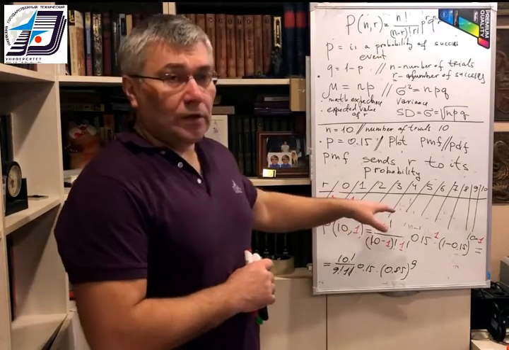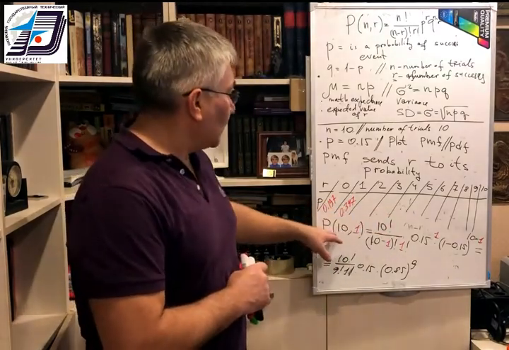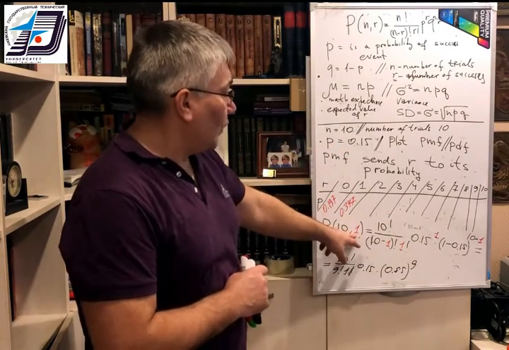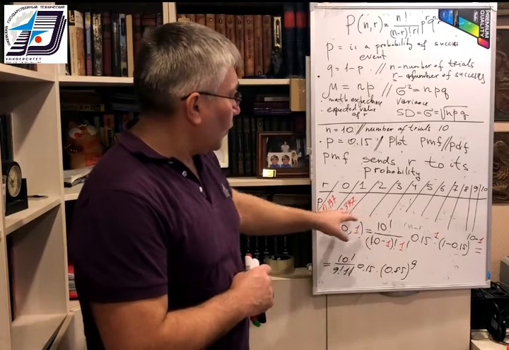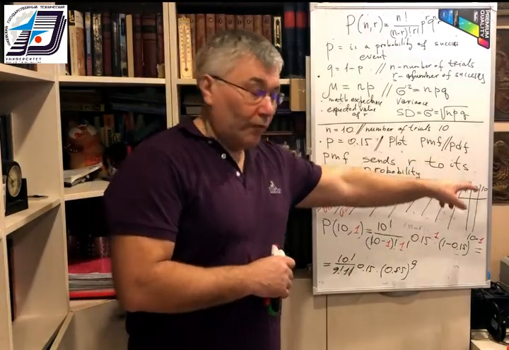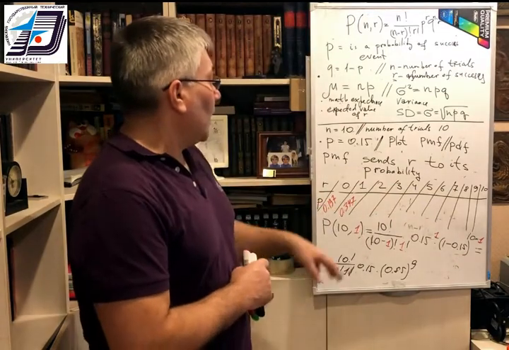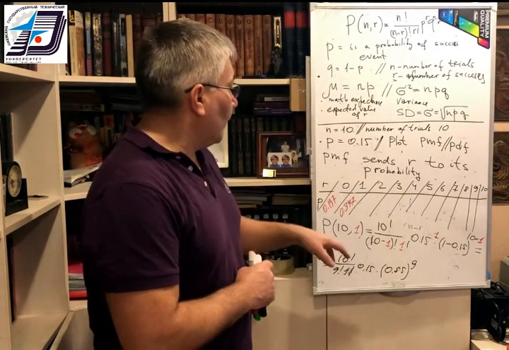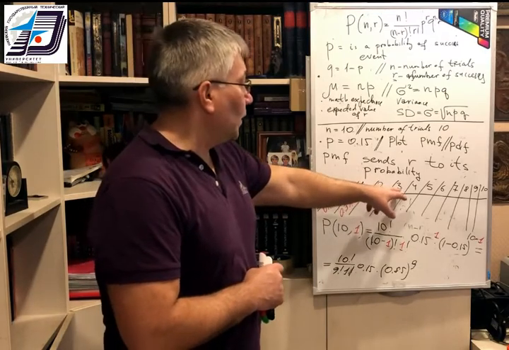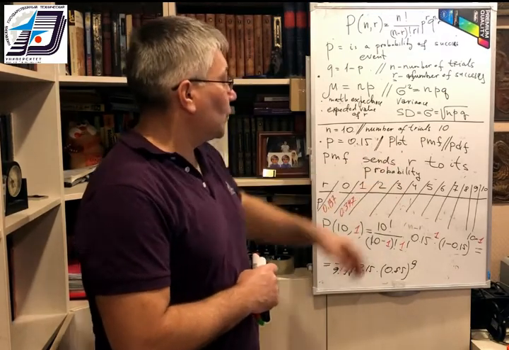So now I think it's clear that we can put all of these values of r here and calculate the probability of each event. We can have 2 heads, 3 heads, or more when we are tossing.